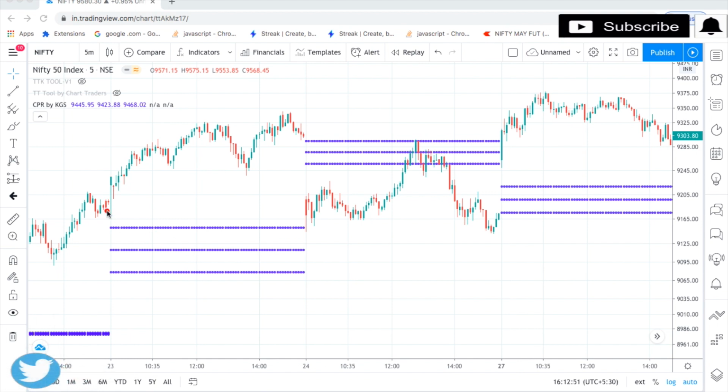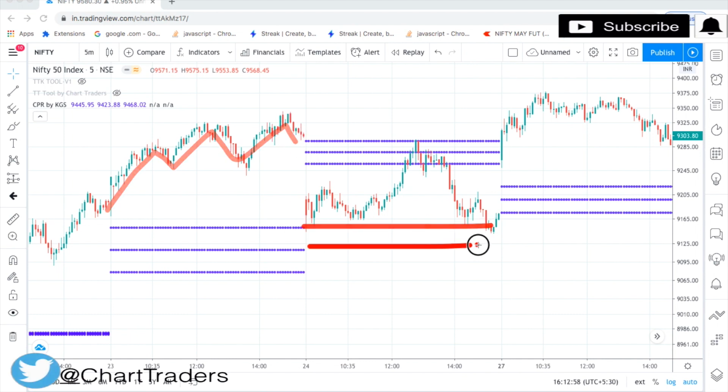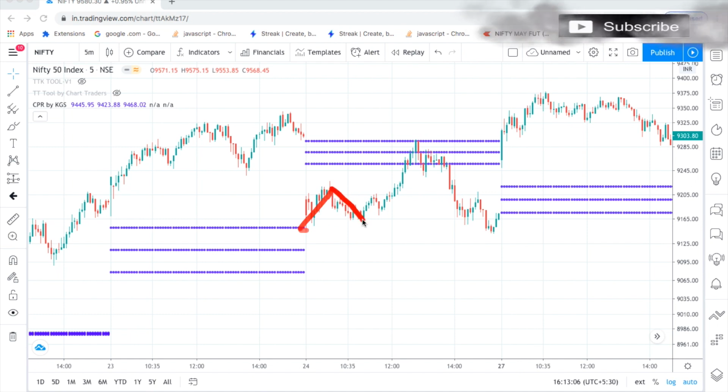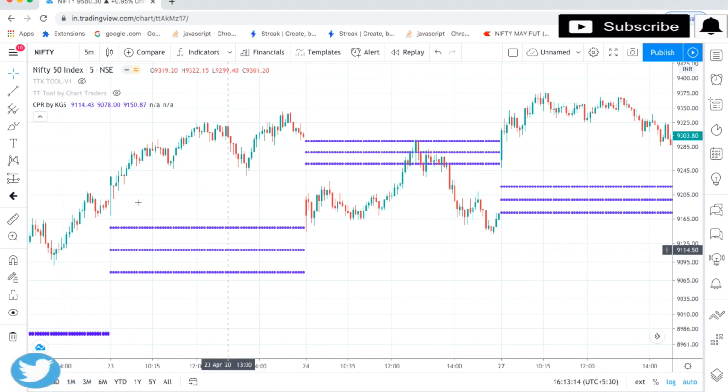This is the best example: the price is above the CPR the whole day, and on the next day we extend this CPR line, and whenever price touches this line you buy. Here we buy for a small profit, again it came down, we buy for a small profit again. So this Virgin CPR will work very well.